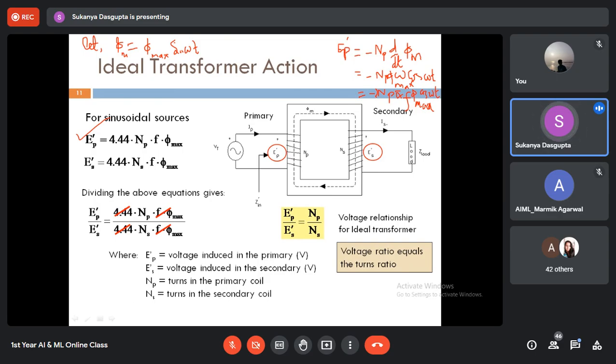The maximum value will be obtained when the sine of omega t minus pi by 2 term is equal to 1, when omega t equals pi by 2, depending upon the sinusoidal nature of the signal. The peak value is obtained at omega t equals pi by 2 or 90 degrees.